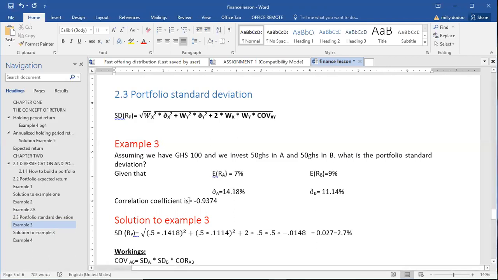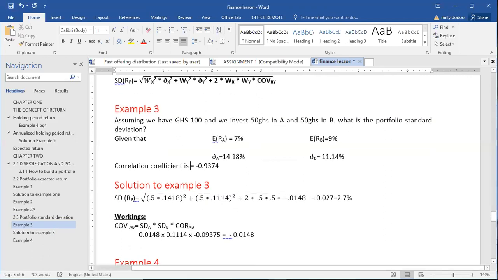So fix it in if you have copied the question. So when you have to find the standard deviation, you need the covariance, but we want covariance, and the question is giving us correlation coefficient. Now, when the question is giving you correlation coefficient, you must find it, because the correlation coefficient is equal to the standard deviation divided by what? The covariance. Sorry.